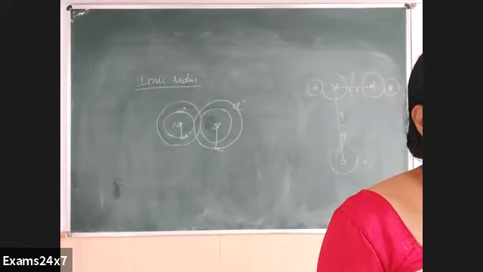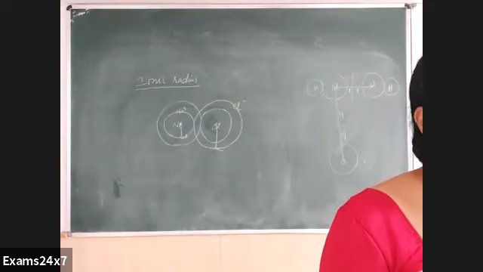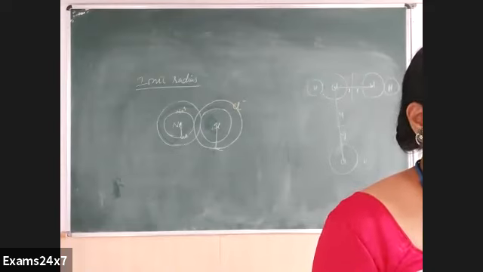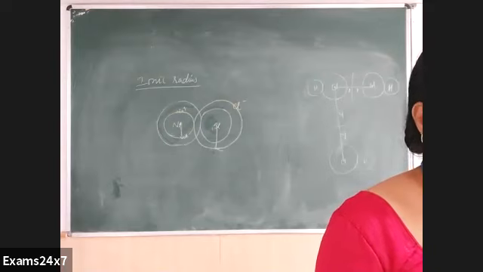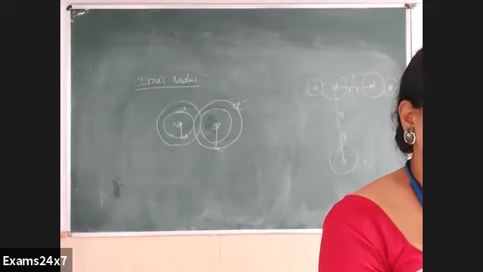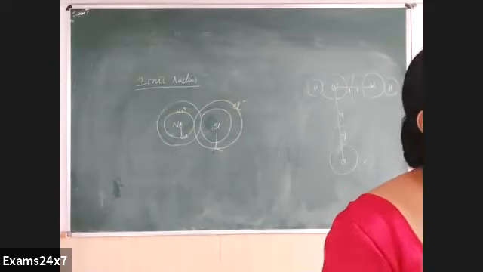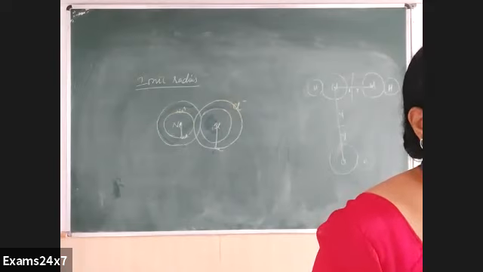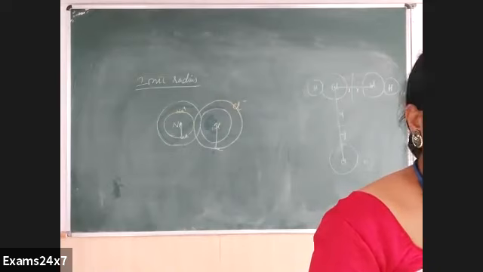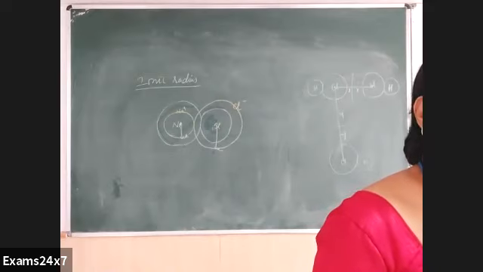Largest radius. The strongest bond has the least radius, no? Strongest bond means smallest radius. So strength and radius go in reverse order. Van der Waals is longest, then comes metallic and covalent.